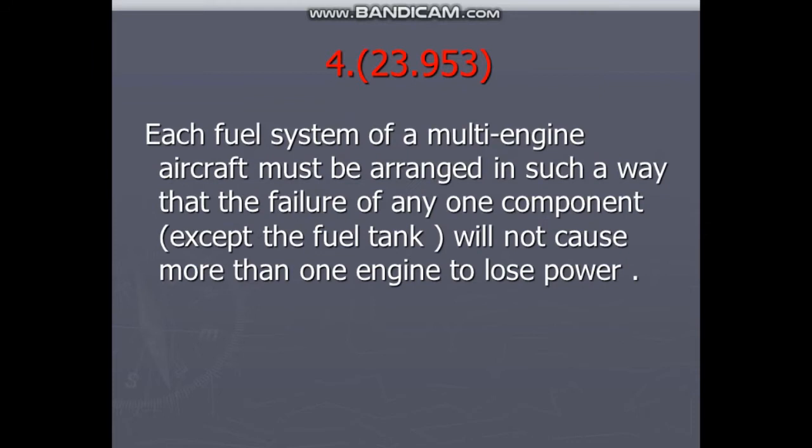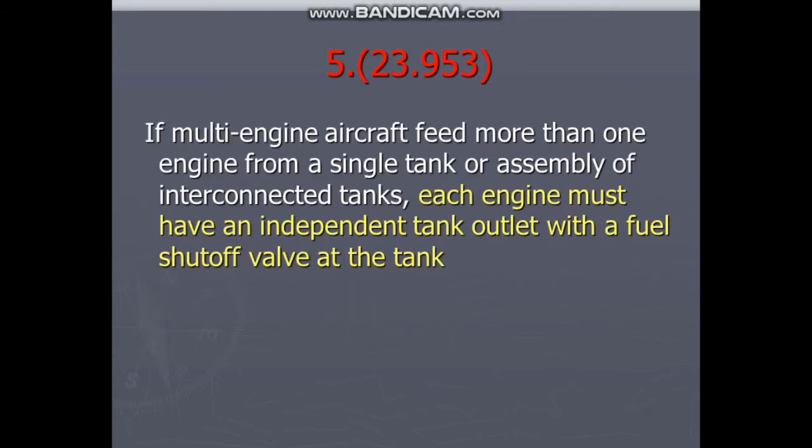Number 4. Each fuel system of a multi-engine aircraft must be arranged in such a way that the failure of any one component will not cause more than one engine to lose power. Number 5.